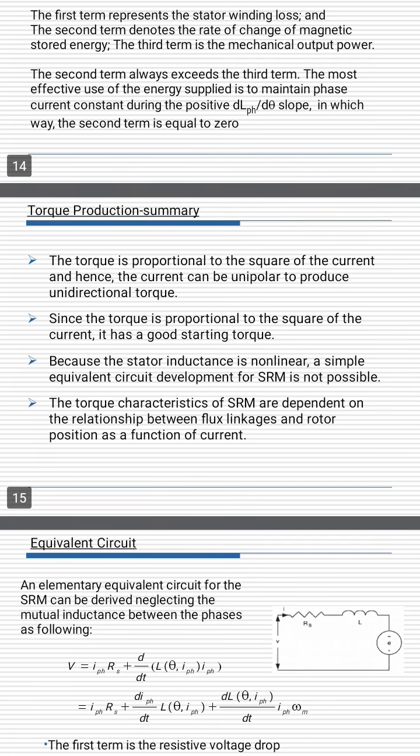The first term represents the stator winding losses and the second term denotes the rate of change of magnetic stored energy. The third term is the mechanical output power.